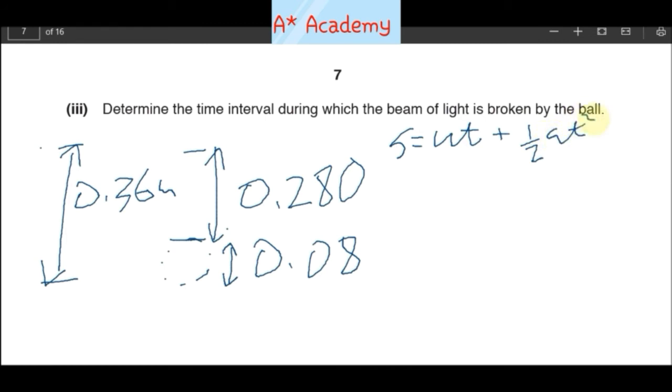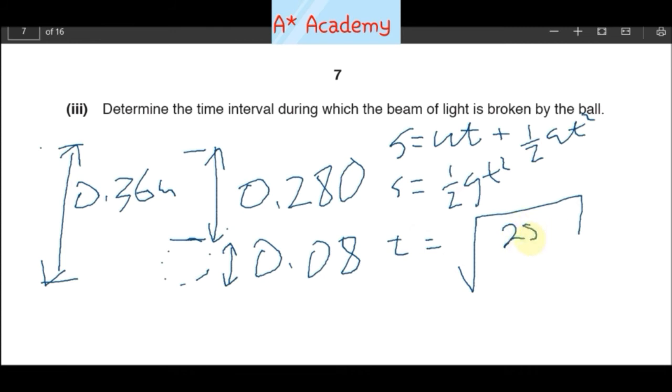In this case, a is g and u is 0, so s is equal to half gt squared. We want t, so t equals the square root of 2s over g, where s is 0.36 meters.